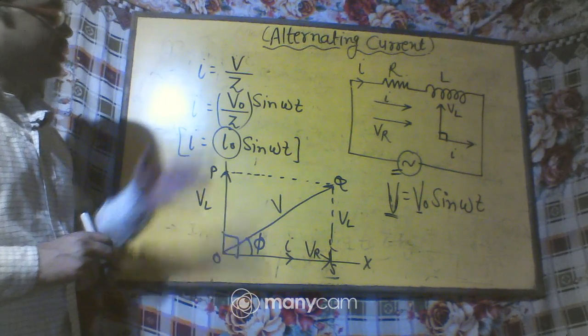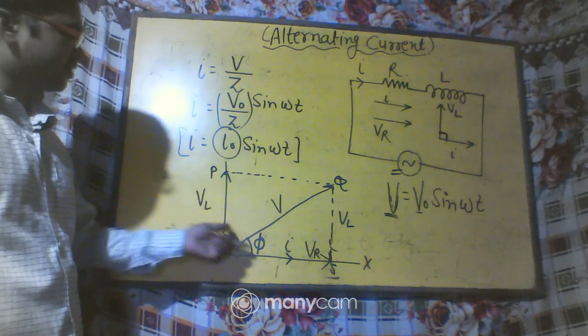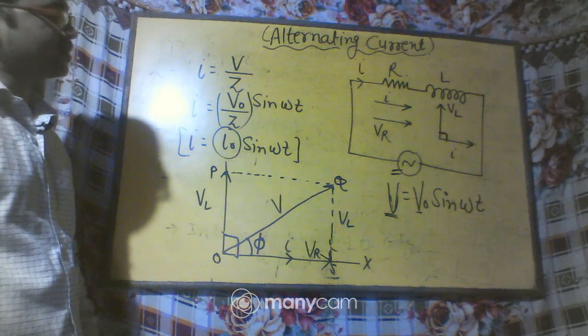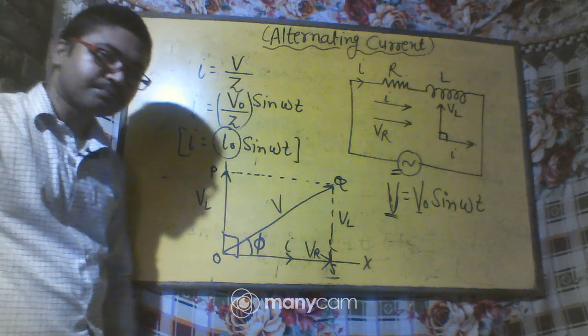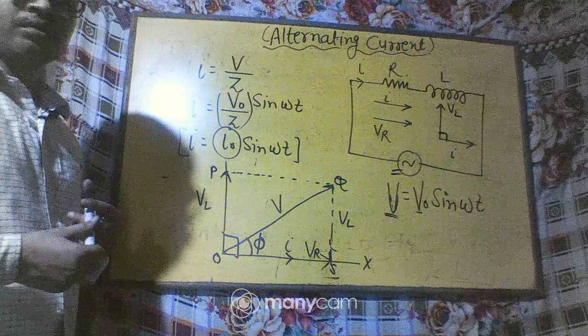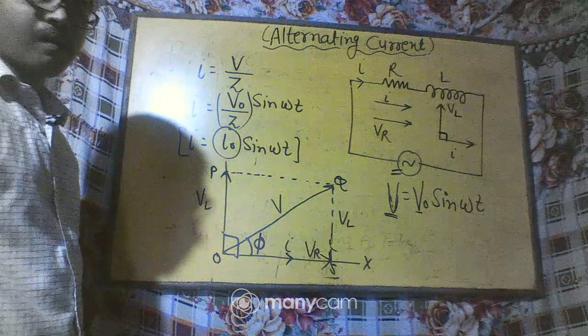I am sure you will definitely be able to derive the formula for the net impedance, then for the phase angle, then for the equation of current for this circuit. Okay. Try to note it down.